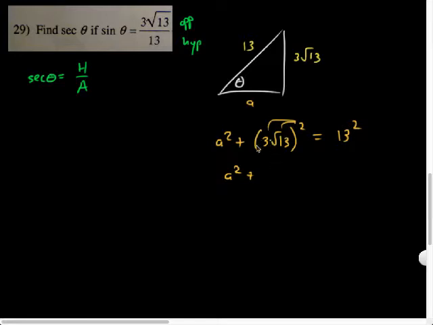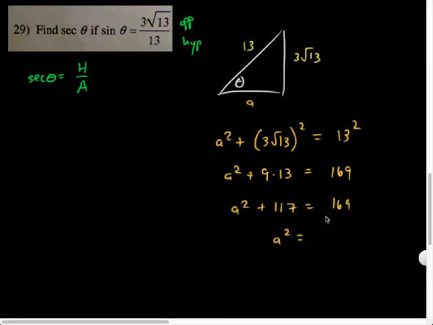So 3 squared is 9, and the square root of 13 squared is 13, equals 13 squared is 169. So A squared equals, let's see, what's that going to be, 117? Did I do that right? 10 times 13 would have been 130. So 9 times 13 is 13 less than 130. I think that makes sense.